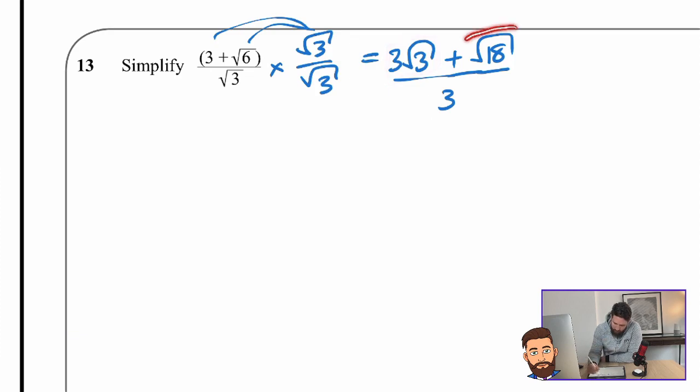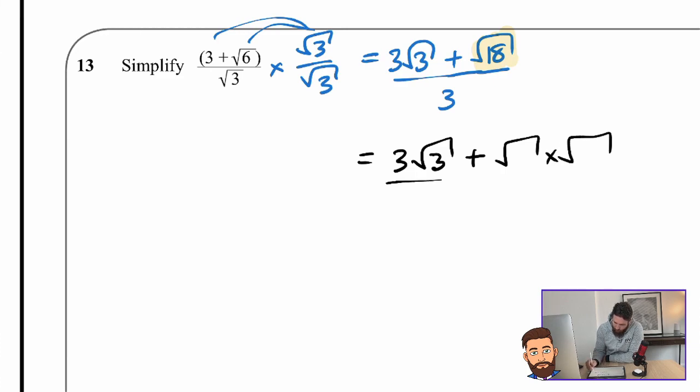But I can simplify root 18. What square number do we know that goes into 18? 9. 9 goes into 18. So I've got 3 root 3 plus 2 blank surds all over 3.